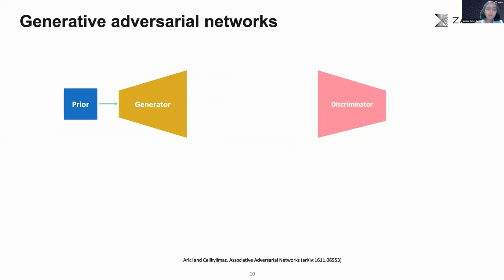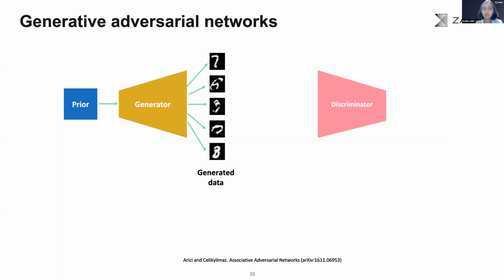Here, I'm showing you the basic architecture of the learning model, which is known as a generative adversarial network. Samples from a prior distribution shown here on the left are used as an input to a generator, which is a neural network. The generator then attempts to produce images that look like images of digits.